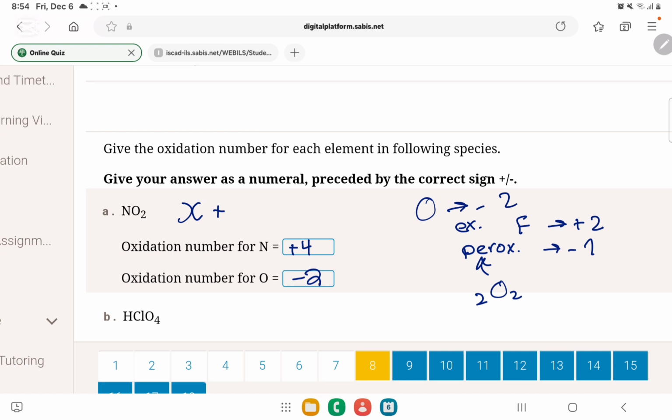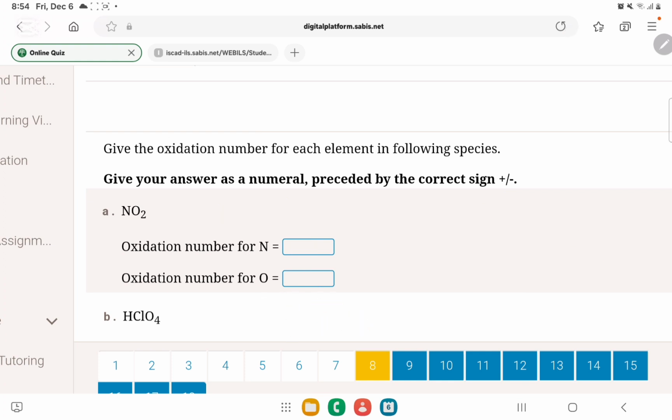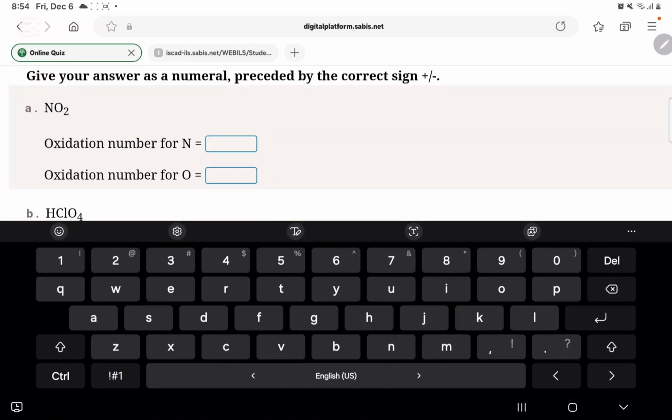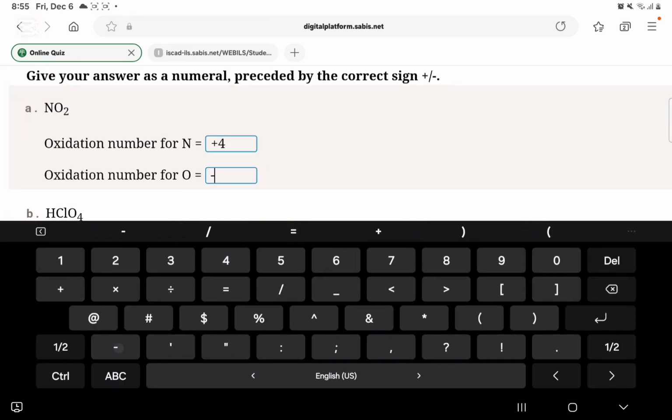The oxidation number of O isn't -4. We're only putting that while we're solving, okay? So 2 times -2 is -4, and then X minus 4 is equal to 0, and the oxidation number of N is equal to +4. So +4 and -2.